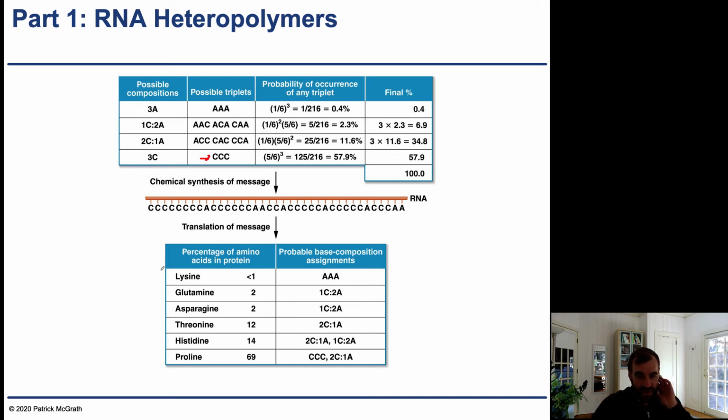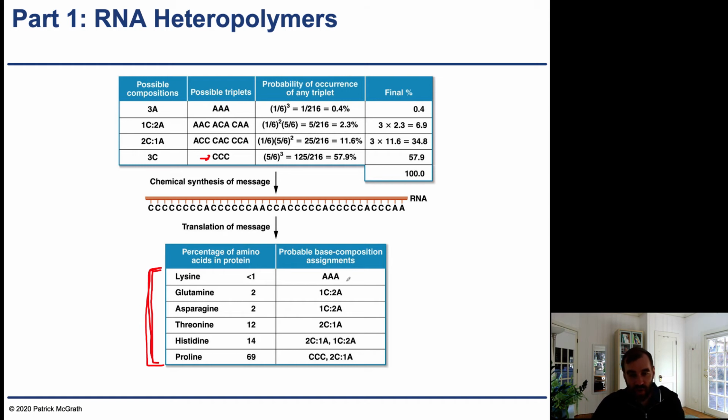One of the first things you notice is that now we've gone from 1 amino acid to 6 different amino acids getting incorporated into the protein: lysine, glutamine, asparagine, threonine, histidine, and proline. They can also measure the amount of each of those amino acids that gets incorporated. Lysine was less than 1%, proline was more than 69%.